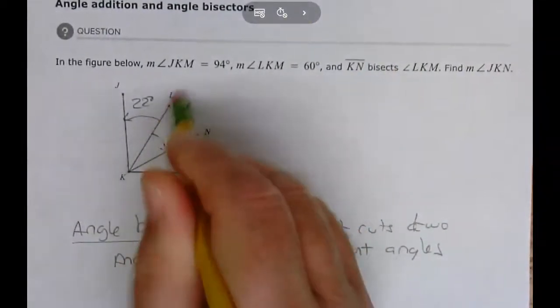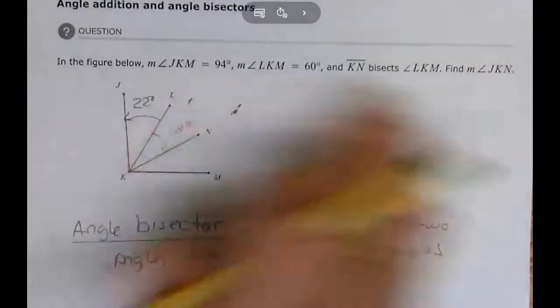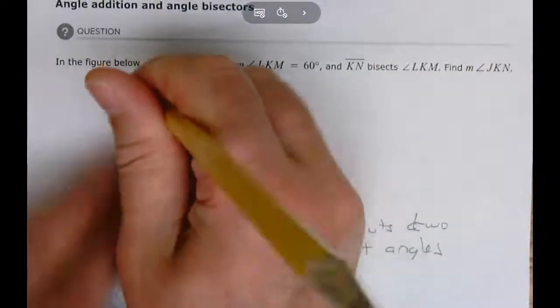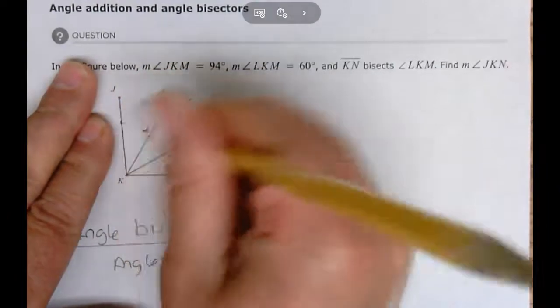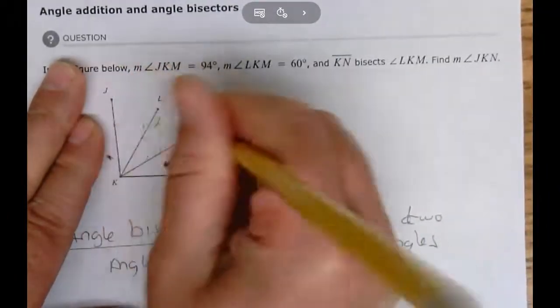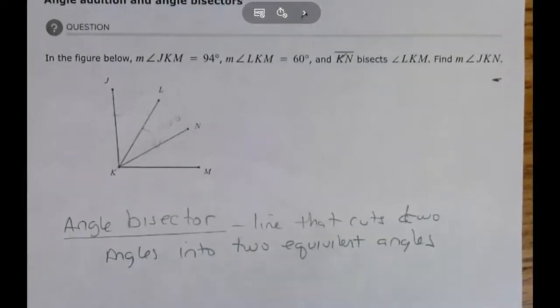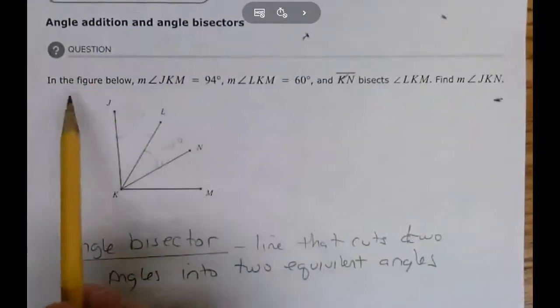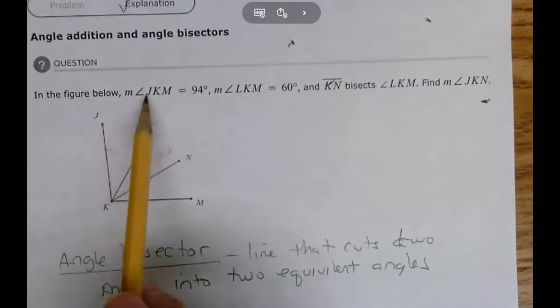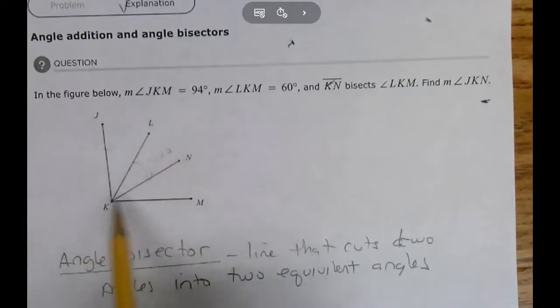In these problems, it's going to give you what these angles are equal to, and then we're just going to solve and try to make an equation where they equal each other. The information we have says in the figure below, the measure of JKM, the whole angle, is equal to 94.